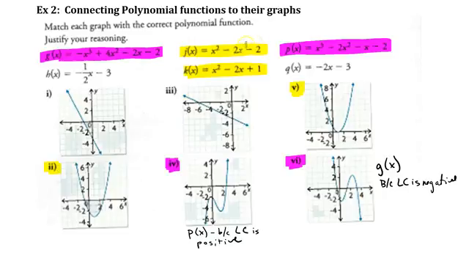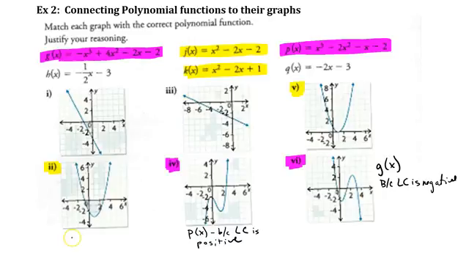We're noticing that the constant term, our y-intercept, is at -2. I'm looking here, -2 is right there. There's no y-intercept happening here. So I think that j is going to be matching up with graph 2, because right here we have our y-intercept at -2.